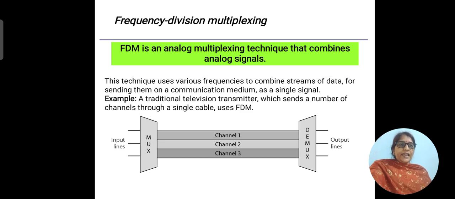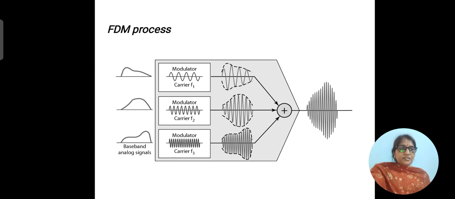As we studied in the FDM process, we are sending carrier 1, that is F1, carrier 2, F2 and carrier 3, F3, which are all combined as shown in this figure by the summation plus sign, and which is received at the demultiplexer.